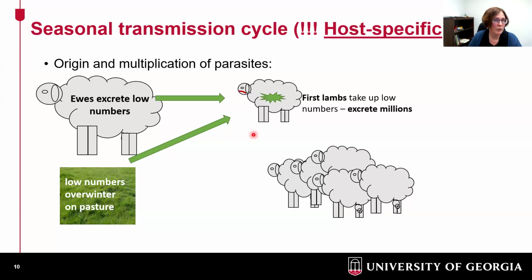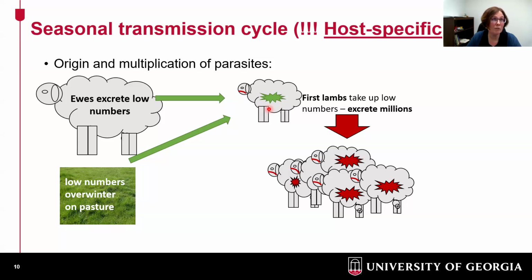Those will usually not have the biggest issue with it, but they will serve as a multiplicator, so they might show some clinical signs or not. But the biggest issue is that they will sort of multiply the parasite and contaminate the area for the next groups of lambs or kids to be born. So those will usually get, as the season goes on, a higher burden of those parasites.